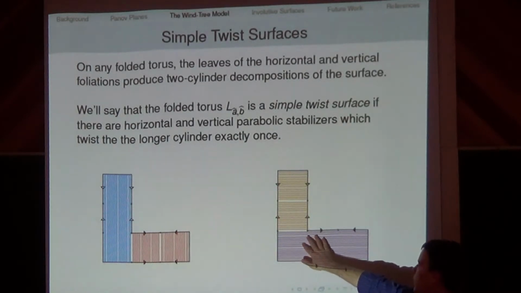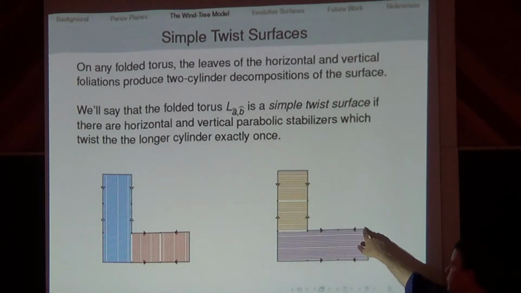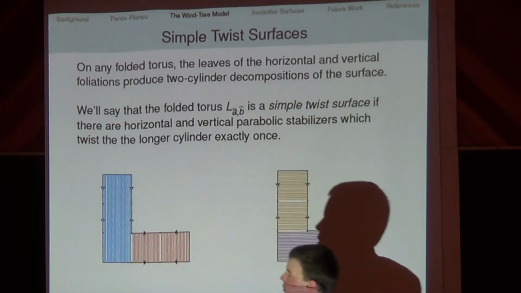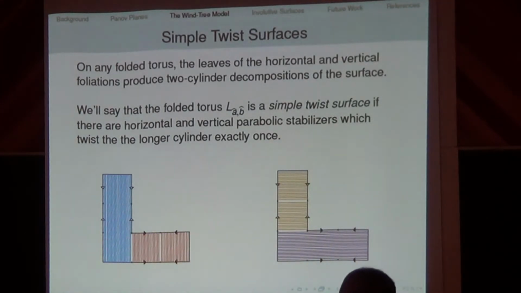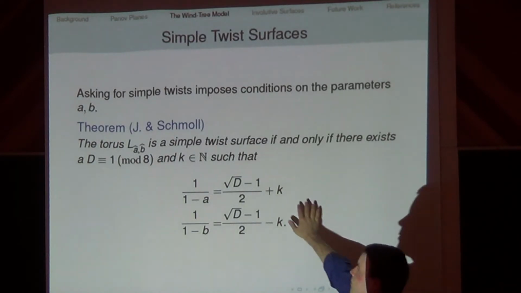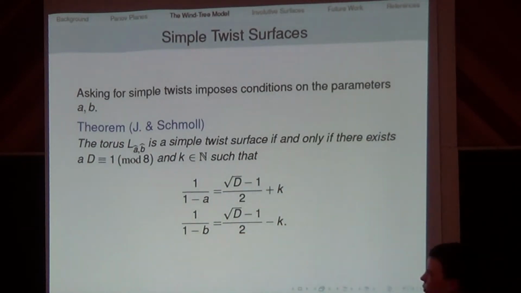So the horizontal twists this purple cylinder exactly once, and the vertical twists this blue cylinder exactly once. So that's a simple twist surface. And so wanting a simple twist imposes certain conditions on the parameters, your A's and B's, for these surfaces. Combining that with the conditions of Kalton-McMullen, you can say that a surface will be a simple twist surface if and only if its parameters satisfy these equations.